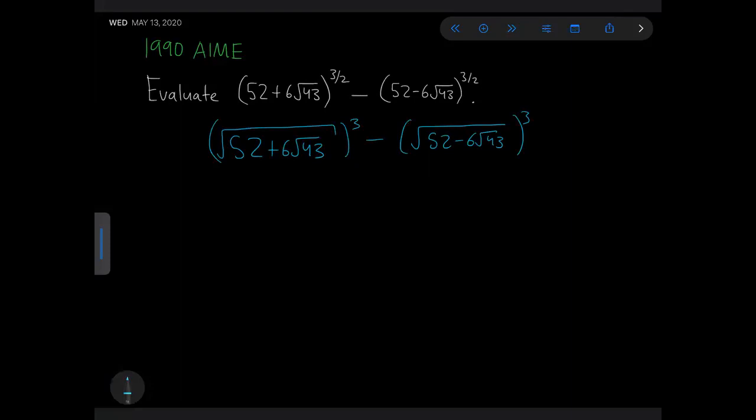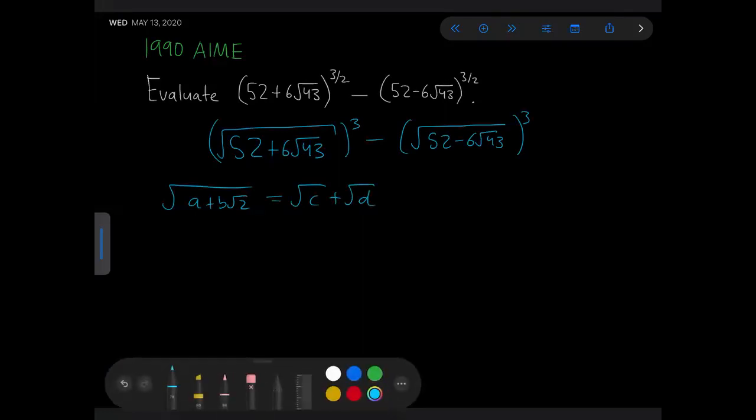This is the kind of problem where we're able to denest it into two different radicals. Let's see if we can do the same thing here. Whenever you see this kind of nested radical, square root of a plus b root c, try to break it up into two separate radicals, and we're going to try that.